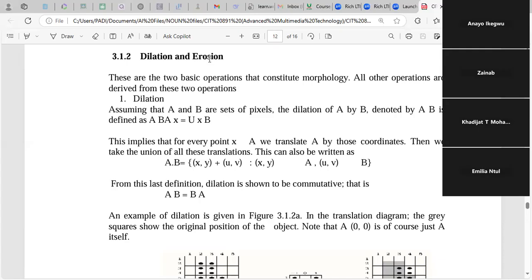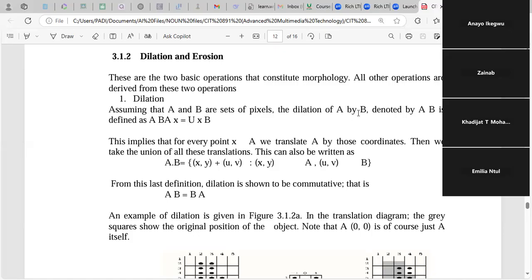I think the last exam when I marked, it had these questions: the two basic operators of morphology, and then use some mathematical operations to explain dilation and erosion. And you say, assume A and B are sets of pixels.